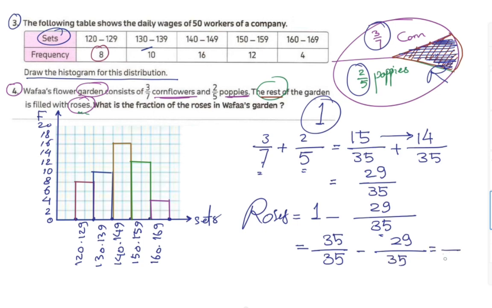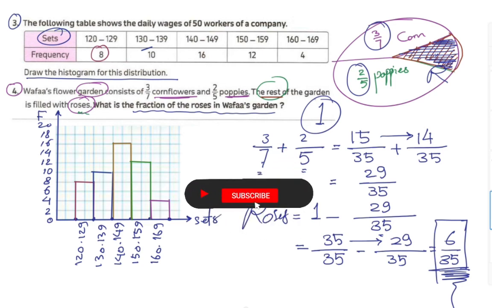Now I have denominator 35, and 35 minus 29 is 6. So the fraction of roses in Wafa's garden is 6/35. Now we've reached the end of our model number 3. I wish you good understanding, good time. Thank you. Goodbye.